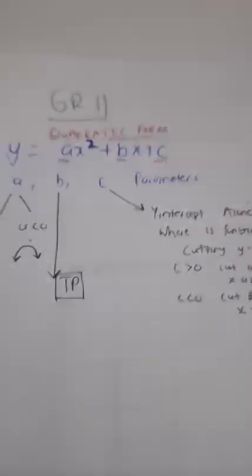B and c work together. Remember, in grade 11 there's a movement of the graph left and right, whereas in grade 10 there was no movement left and right. So the turning point changes for our quadratic function in grade 11, and this b value has to do with that as well.